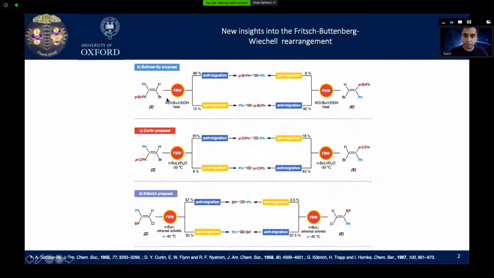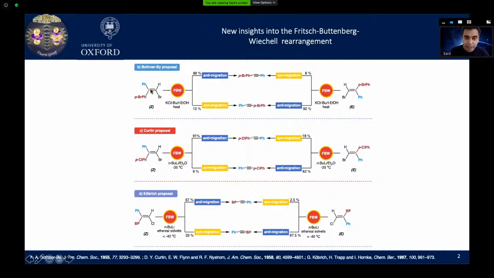So by this, they actually ruled out the formation of a symmetric vinylidene carbene. Otherwise, they would expect similar yields for these reactions.